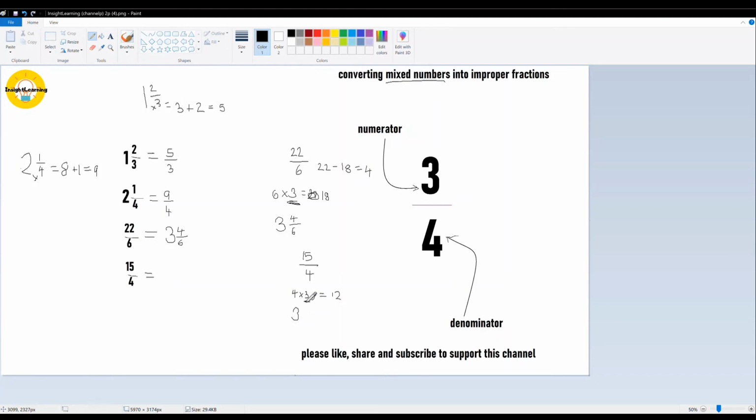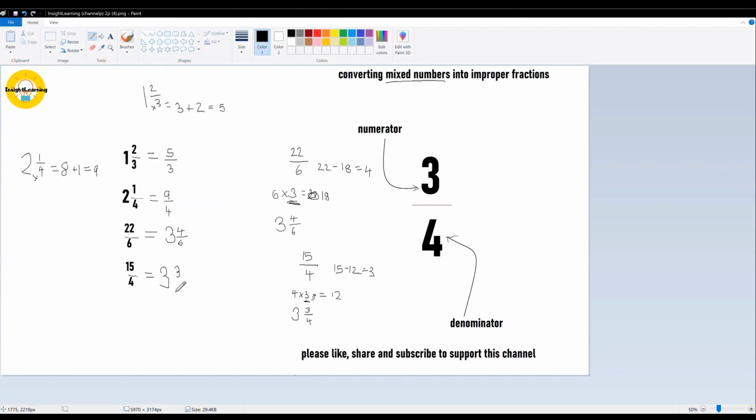And 4 times 3 is 12. So we subtract 12 from 15, which leaves us 3. So 3 is going to be the numerator of our fraction in this mixed fraction. And the denominator stays the same, so it's going to be 3 3/4.